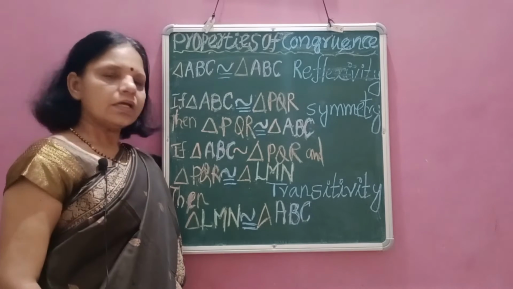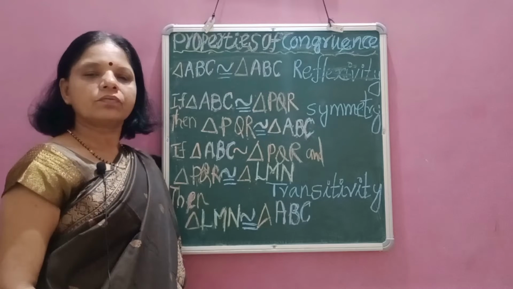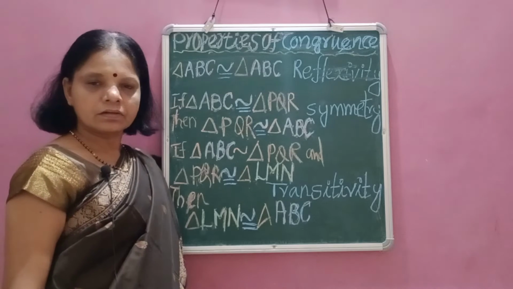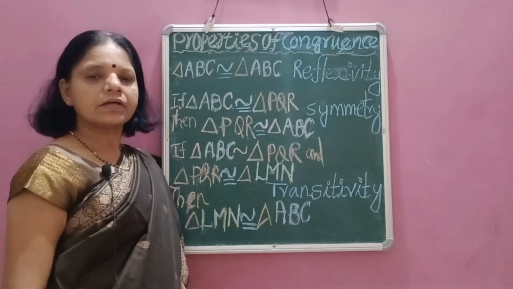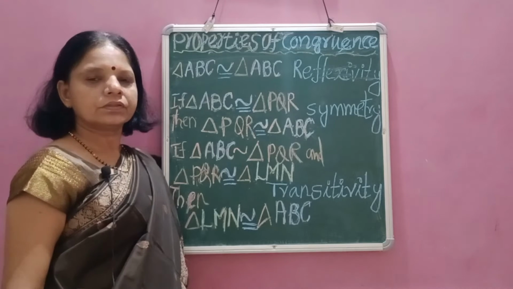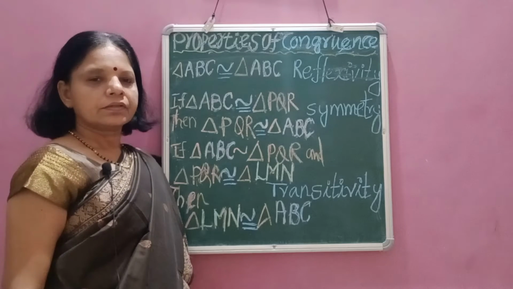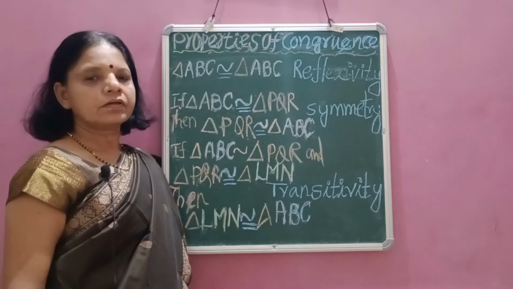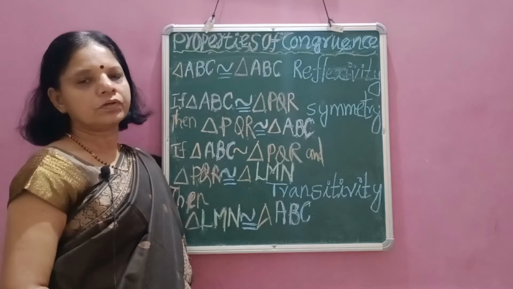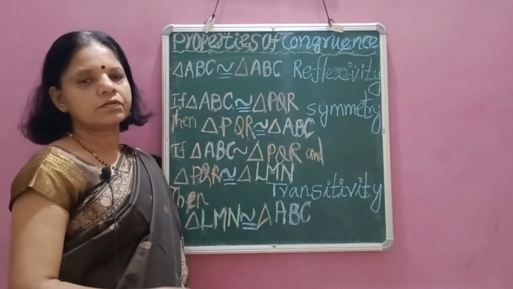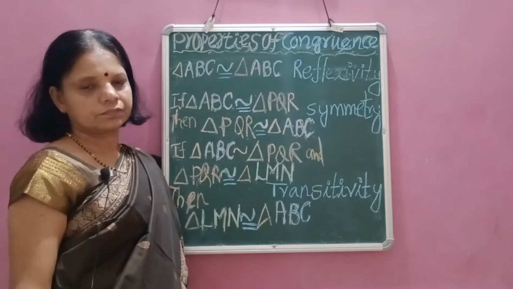That is, if a triangle is congruent to a second triangle and the second triangle is congruent to the third triangle, then the third triangle is congruent to the first, or the first triangle is congruent to the third.